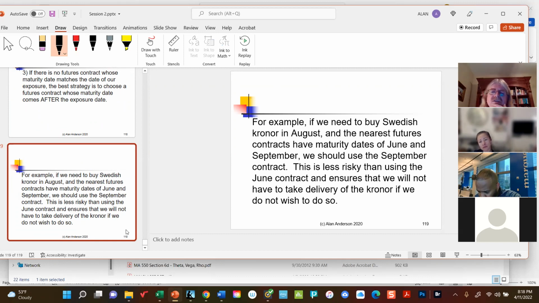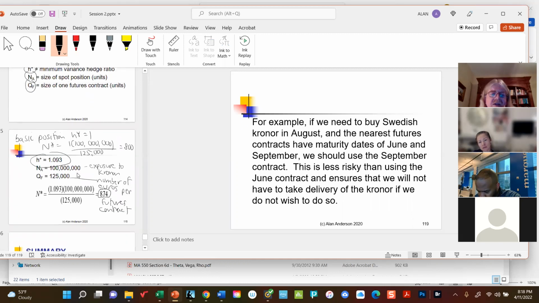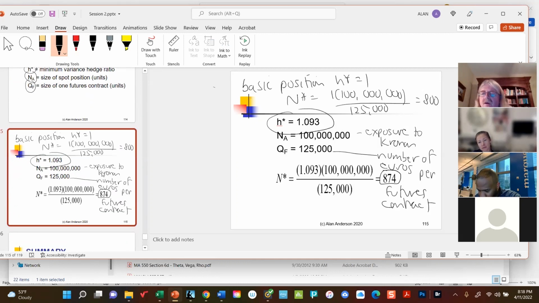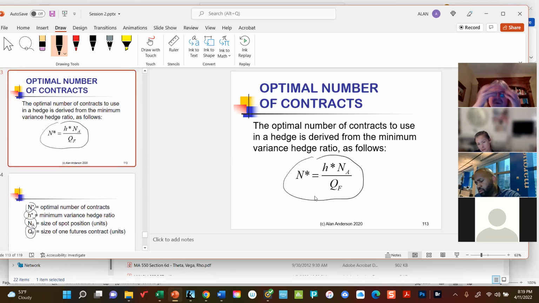Okay. And so the last detail was the number of contracts, which proved to be 874. And again, it comes down to the relationship between the Swedish kroner and the euro and how many euro are there in each futures contract. So that's just a quick example of how you would determine how to hedge your risk with futures contracts when you're not really able to line up your particular situation with what's available in the marketplace.